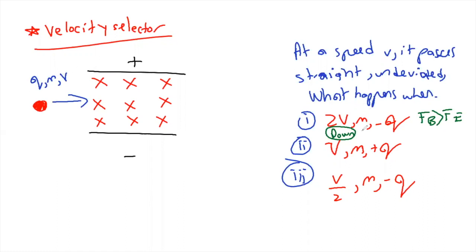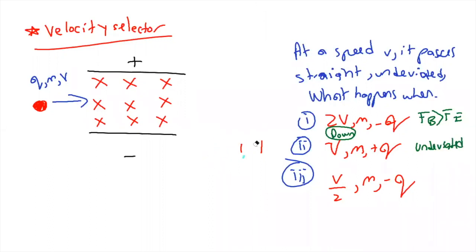Since this is plus, it's going to get attracted downwards, so Fb is up and Fe is down. Everything is the same as before. So Fe is equal to Fb, they cancel out, and this one is going to be undeviated.